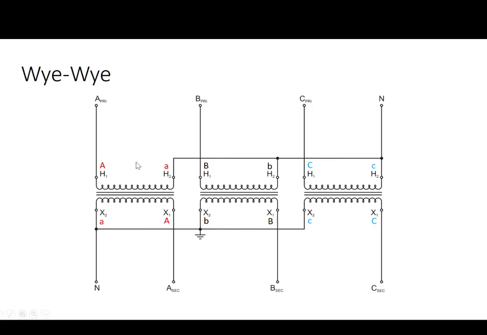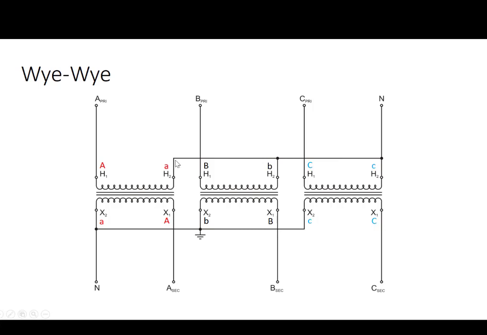To make a primary Y system, we simply connect a line from our supply to the H1 of each single-phase transformer. So line A is connected to H1 of the A transformer, line B is connected to H1 of the B transformer, line C is connected to H1 of the C transformer. So a line is connected to the beginning of each winding of these transformers.